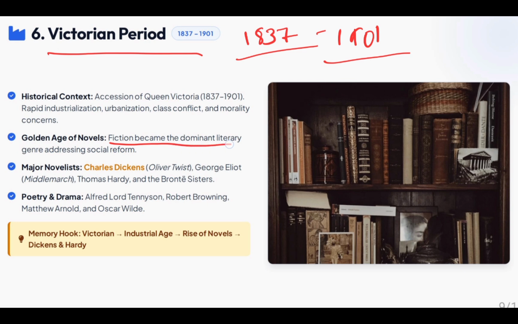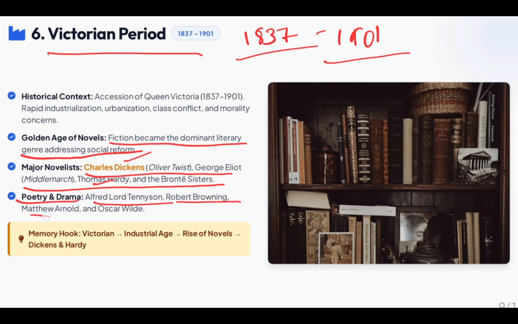Fiction became the dominant literary genre, addressing social reforms. Charles Dickens, George Eliot, Thomas Hardy were very important writers of this age. In poetry and drama, Tennyson, Robert Browning, Matthew Arnold, Oscar Wilde are also good names.